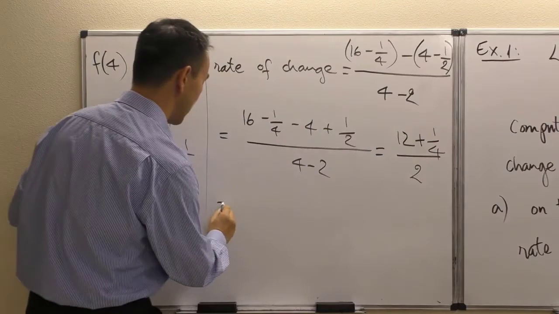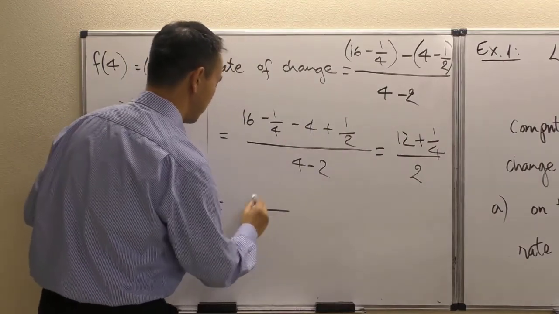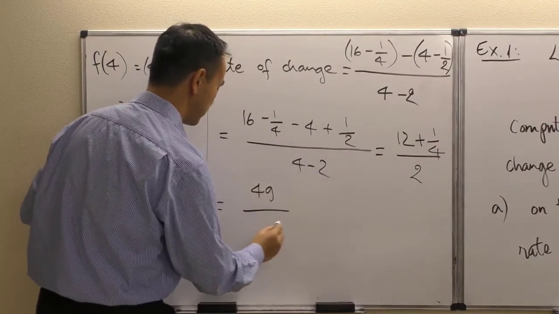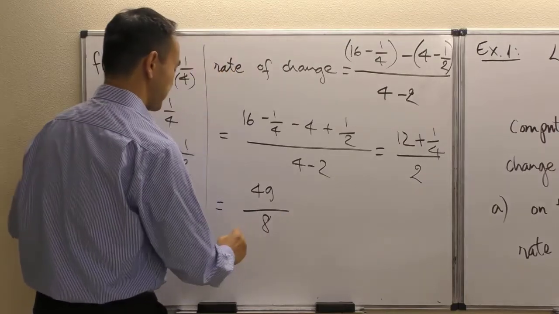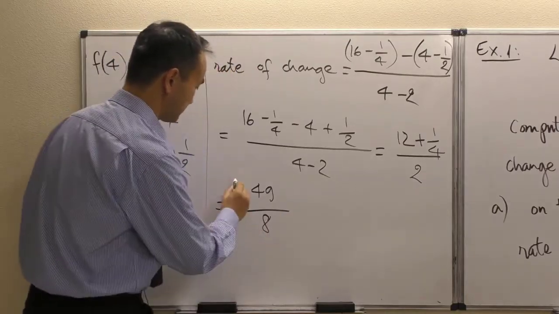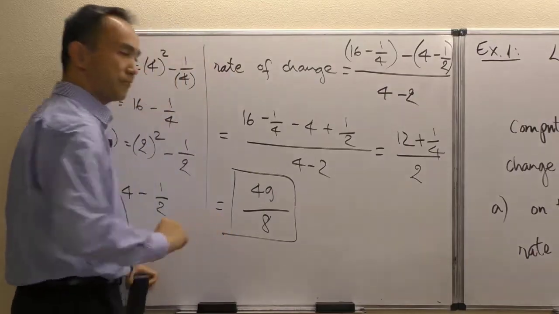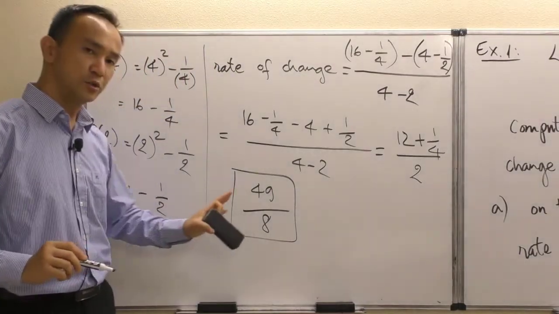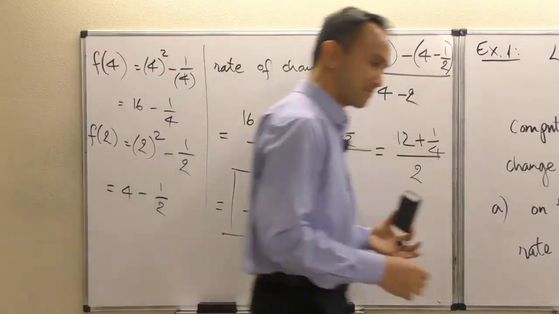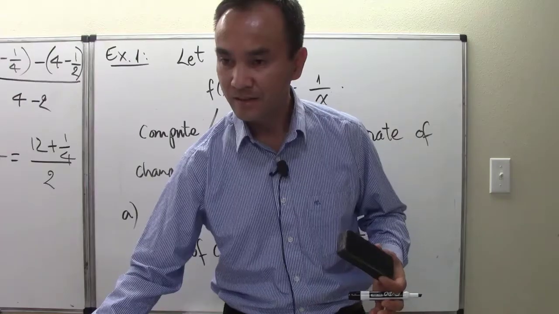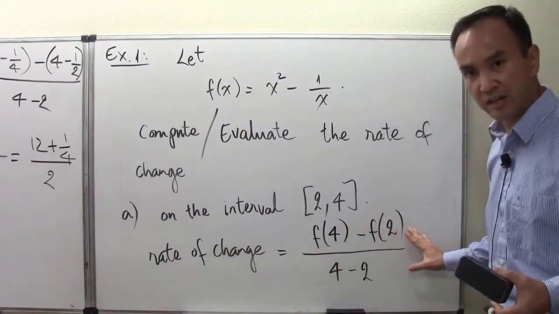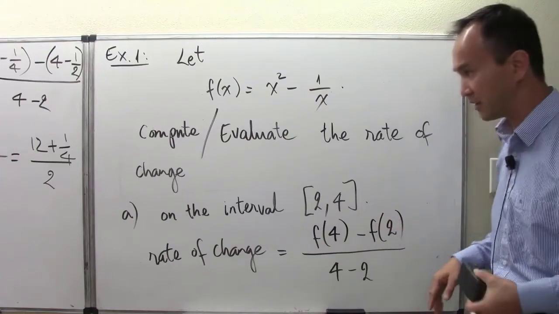And now making the denominator and all that, it gives me 49 over 8. So this is our rate of change over the interval from 2 to 4. All right, so that rate of change here is 49 over 8. Then we have found our answer.